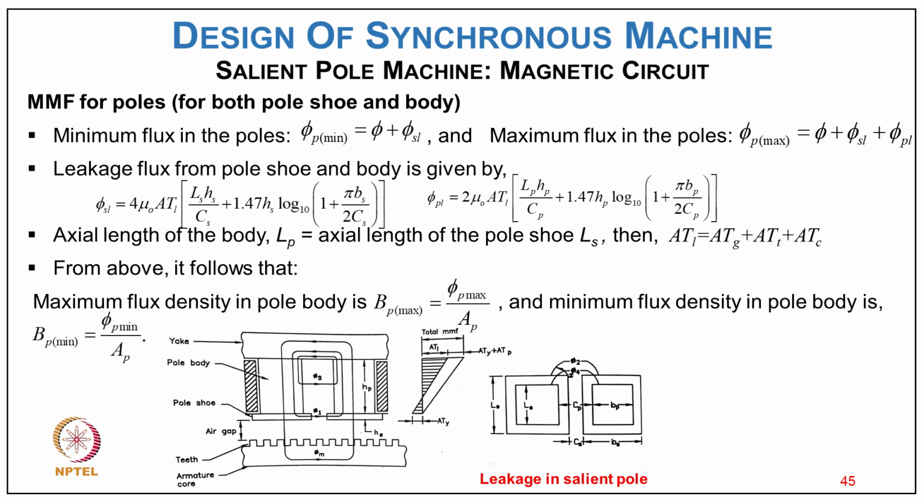So total MMF ATL is equal to ATg plus ATt plus ATc, and from this it follows that the maximum flux density in the pole body is Bp equal to phi maximum divided by Ap, and the minimum flux density in the pole body is Bp minimum equal to phi p minimum divided by Ap.